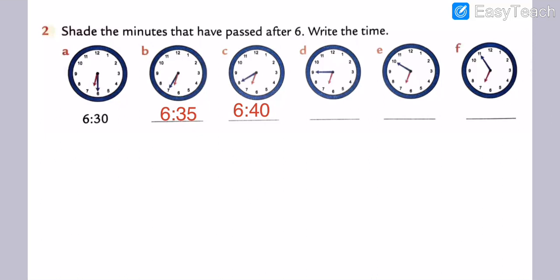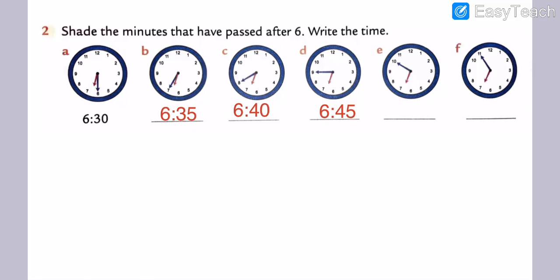So now we will write the time of clock D: 6:45. Understood all?